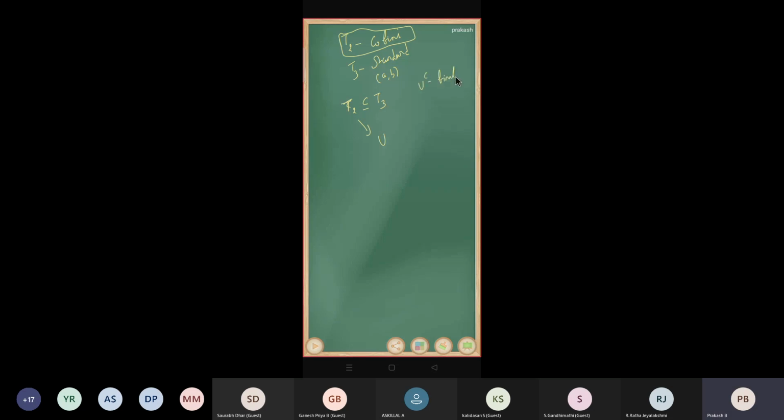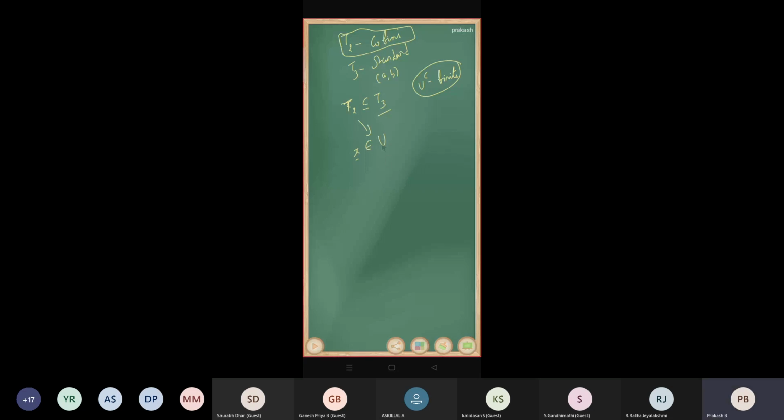And I want to take an element x belongs to U. Now you have to find an element from the basis of T3 that must contain x and must be contained in the set U, right?